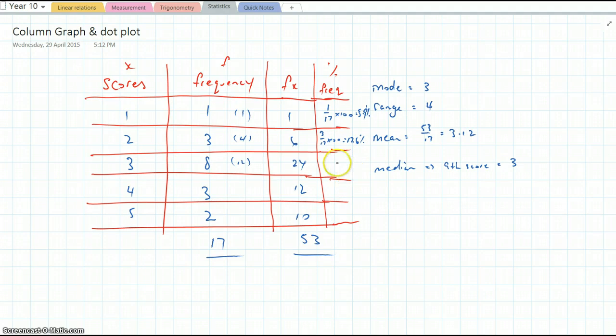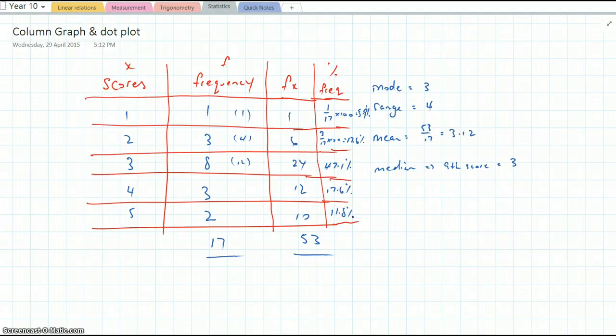I just sort of ran out of room here, didn't I? 8 out of 17 times 100 gives us 47.1%. 3 out of 17 times 100 gives us 17.6%. We'd already worked that out. And 2 out of 17 times 100 gives us 11.8%.